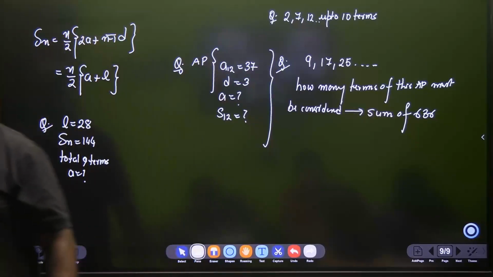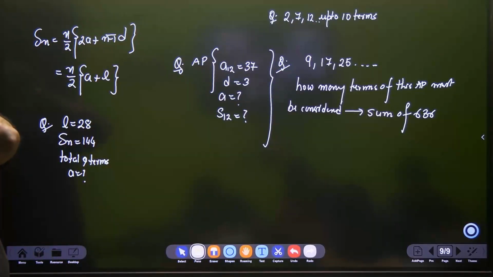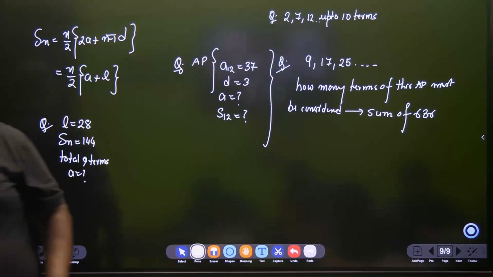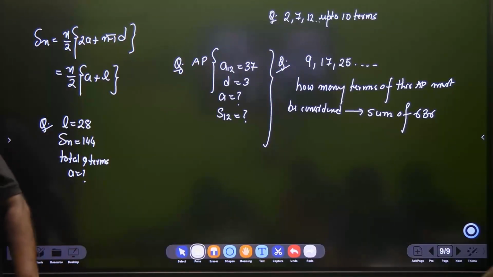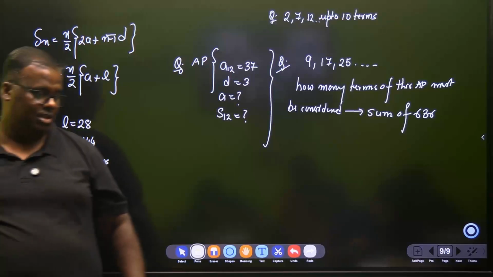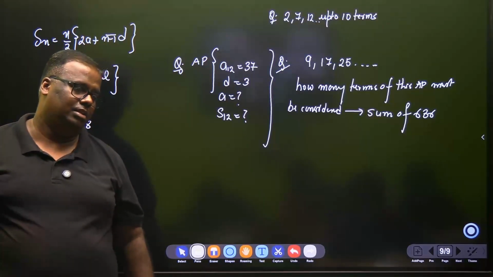How many terms? You have to find n. Simple formula, a is there, d is there, Sn is also there, and you have to find n. Right?